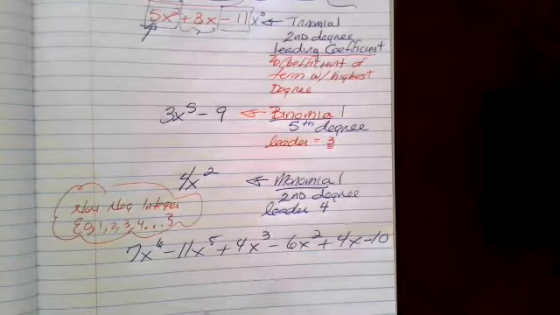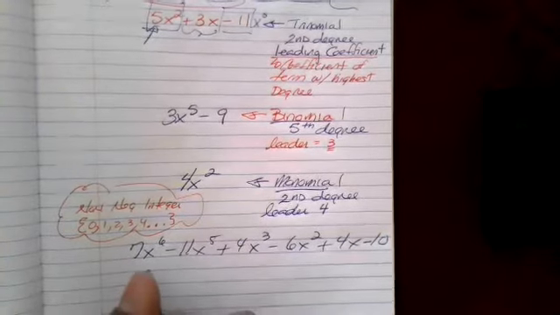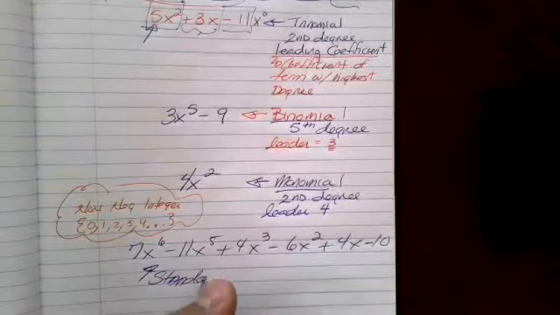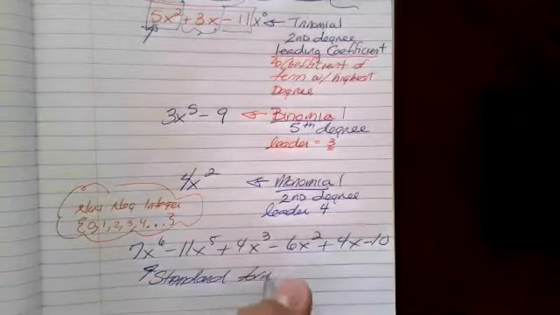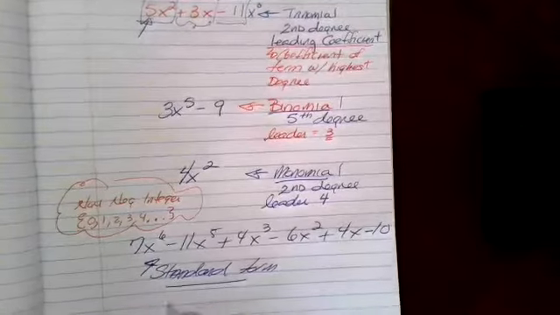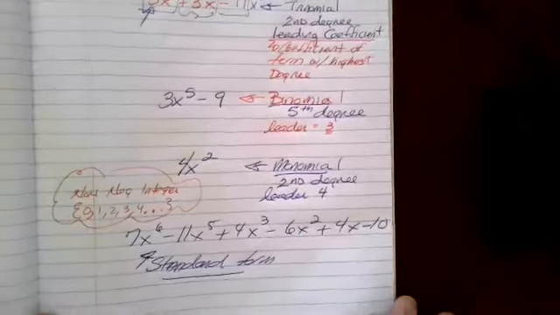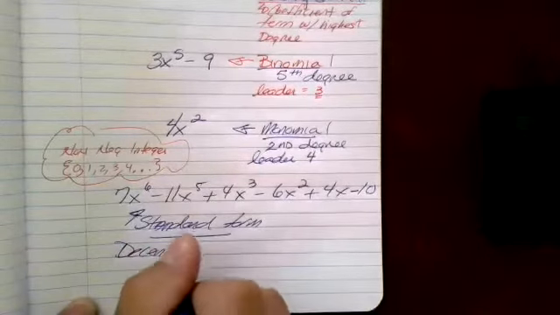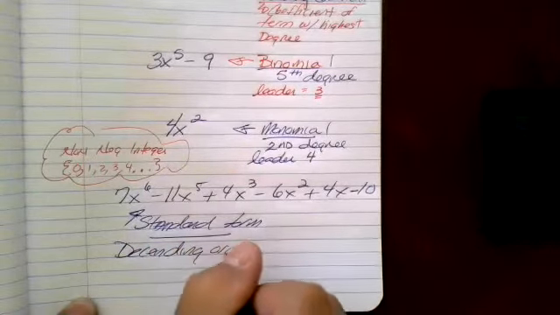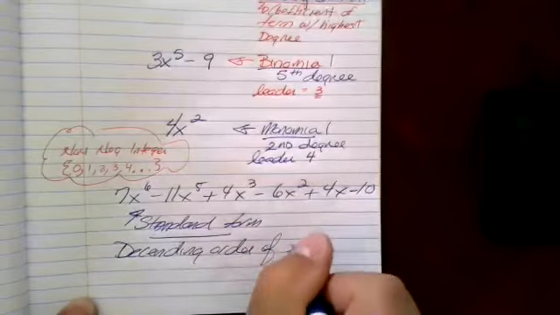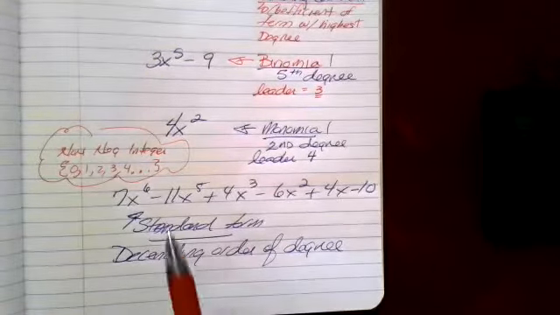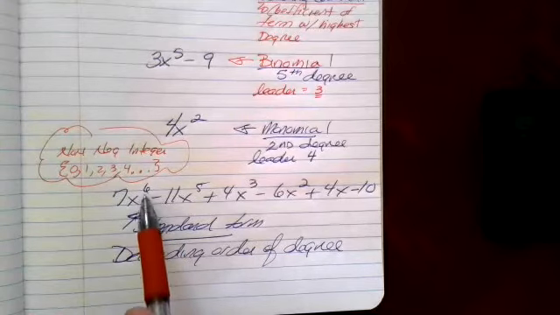And it's always a good idea to put your polynomial in standard form. Standard form is in descending order of degree. Right? So my degrees, just out of habit, I always do them from highest to lowest.